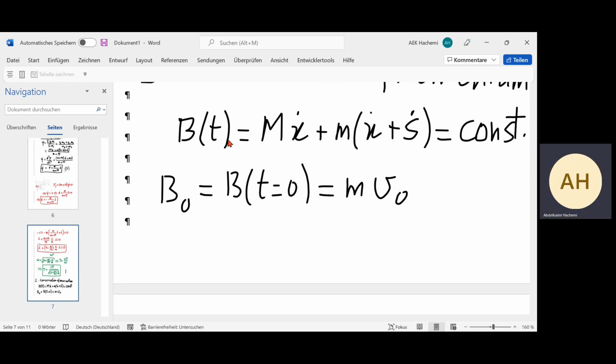As it is said in the exercise, the small mass m at time t0 is related with the velocity v0. This is only the small mass m. Now, if we develop further, what do we get?